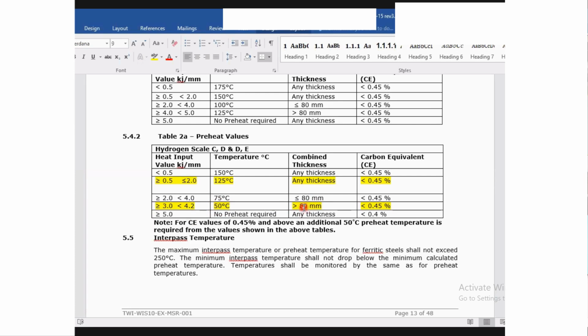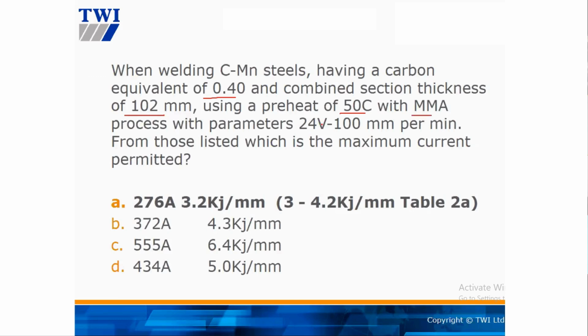We got 102 in the equation. Any carbon equivalent less than 0.45 here, 50 degree. So required here is 3.0 to 4.1. 4.2 is less than that, so it must be 4.1 here. Yeah. The same thing. So we need to work out from here.